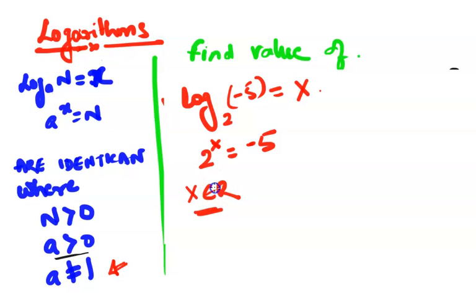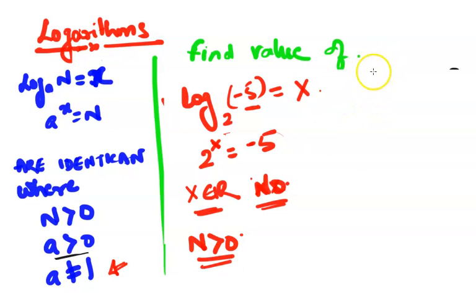Can x belong to the real number space? And the answer is no. So in this case, x becomes an imaginary number. We have said a greater than 0. There's no feasible value of x for which this holds, and hence we say n has to be greater than 0.